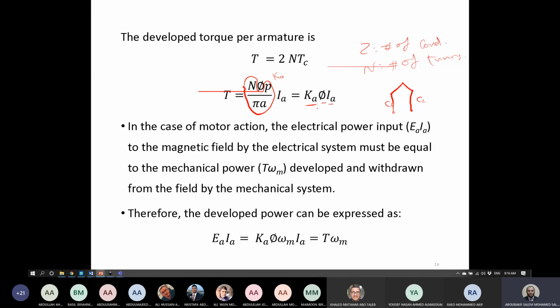And the other relation, which we already proved in the last class, is EA, the back EMF, equals the same machine constant multiplied by flux multiplied by speed of the machine. These are the two relations needed for the DC machine electromechanical system.